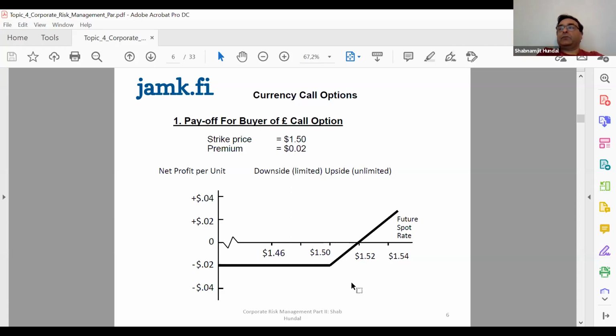The market price is 1.51. The contract price is 1.50. The premium you have paid is 2 cents already in the beginning. So when the market price is 1.51, will you exercise the option or will you not?